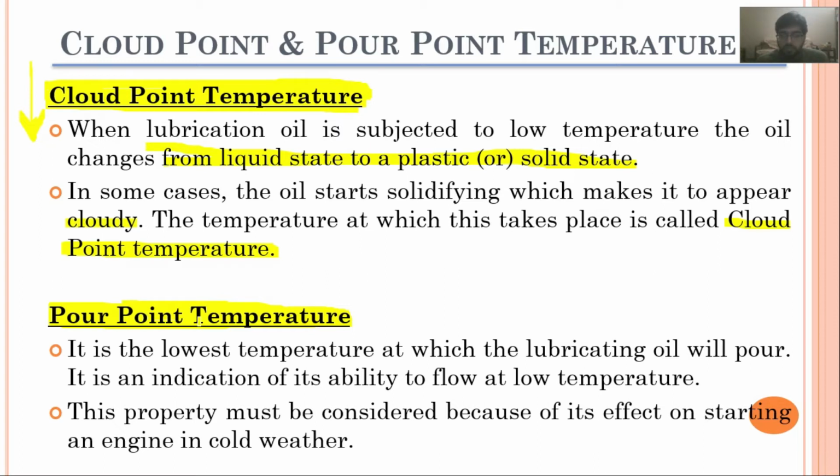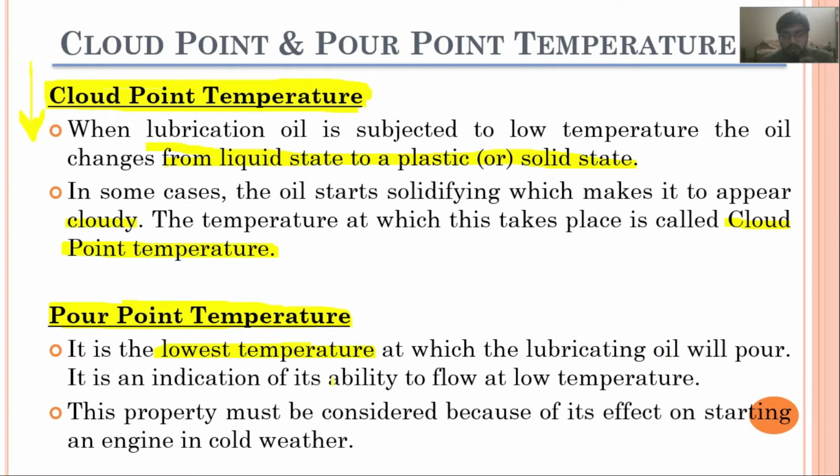So this property must be considered very carefully while selecting the lubricant oil, particularly in the cooler regions, when we are talking about starting our IC engine in the cold environment. It is the lowest temperature at which lubricating oil will pour.